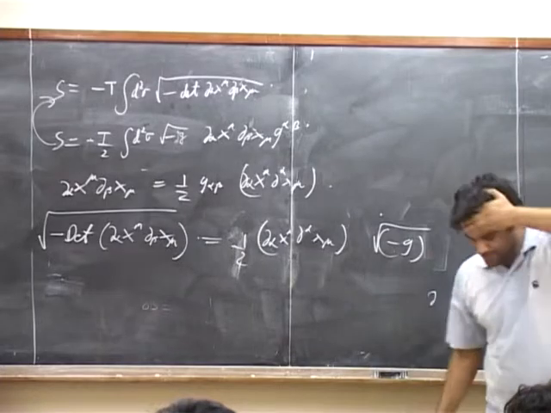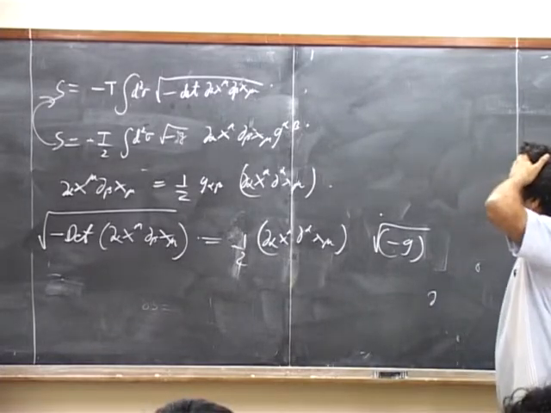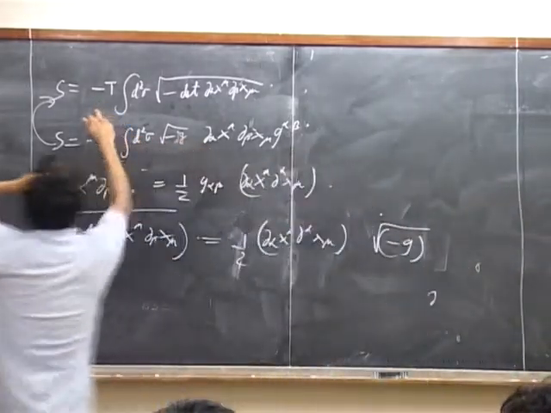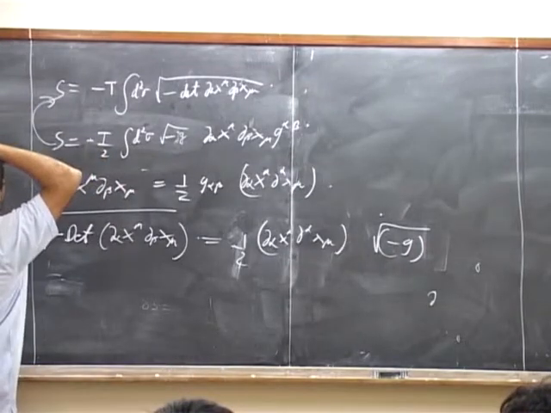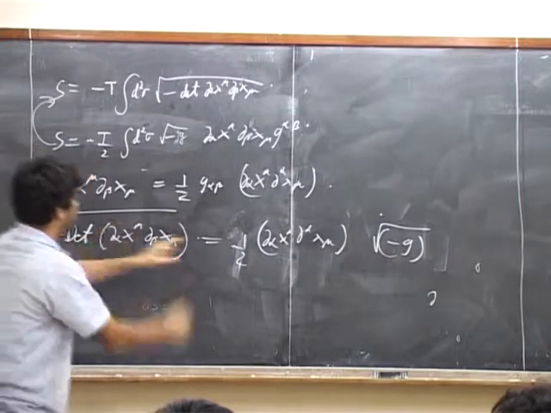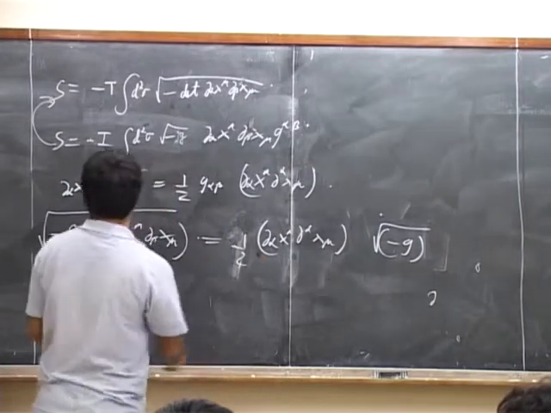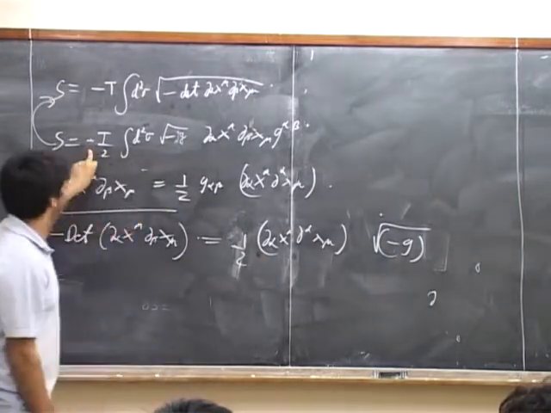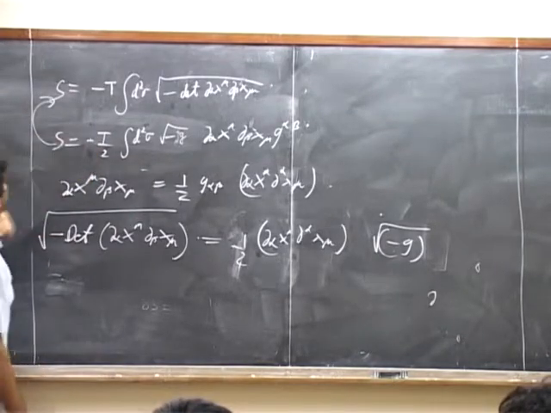Sorry, just a minute. Was this the right sign to start with? Certainly we want to get this, because otherwise it won't make sense. These two signs have to be the same.